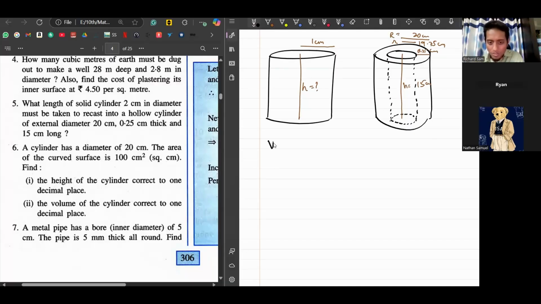Now your statement is what? Volume of cylinder is equal to volume of hollow cylinder. Then you write the formula and substitute the values. What's the volume of cylinder? Pi r square h. And volume of hollow cylinder?